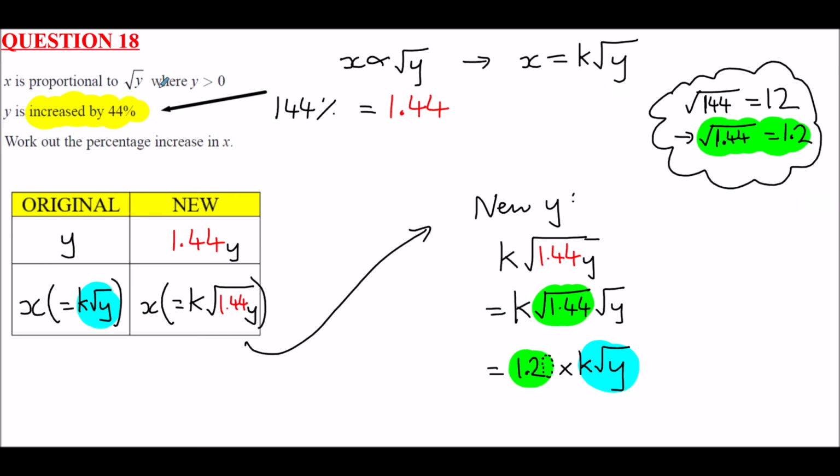So increasing by 44% is 1.44. In the same way, if we're multiplying the original x by 1.20, we've therefore increased x by 20%. So therefore, the percentage increase is 20%.